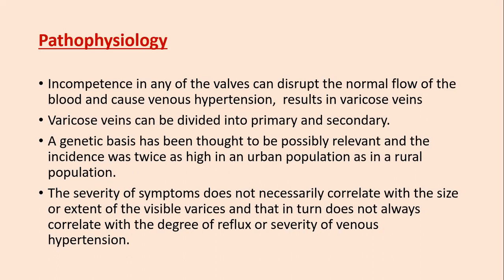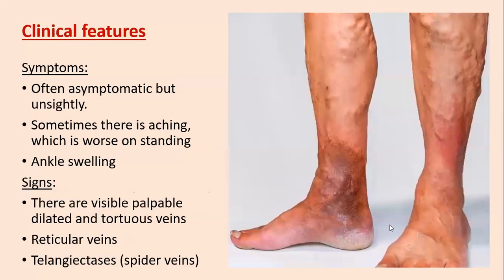The severity of symptoms does not necessarily correlate with the size and extent of the visible varices, and that in turn does not always correlate with the degree of reflux or severity of venous hypertension.